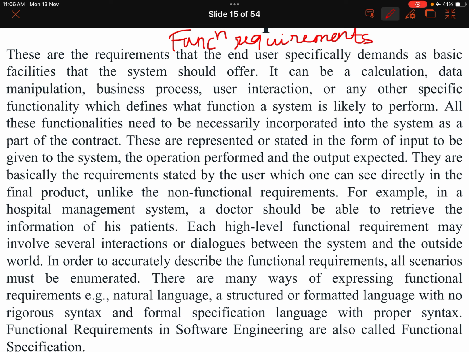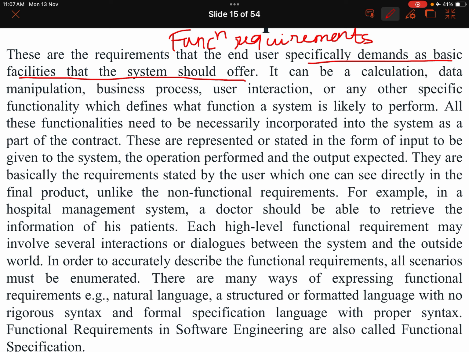These are the requirements that the end user specifically demands as the basic facilities that the system should offer. That means the system should have these basic things. It can be a calculation, data manipulation, business process, user interaction, or any other specific functionality which defines what function a system is likely to perform.